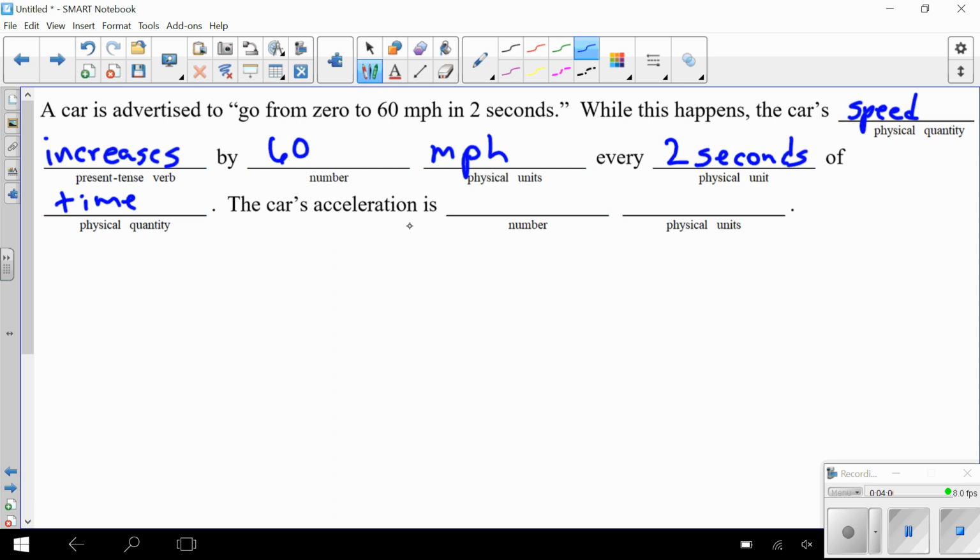So that means the car's acceleration is 60 miles per hour every 2 seconds, or 30 miles per hour per second.